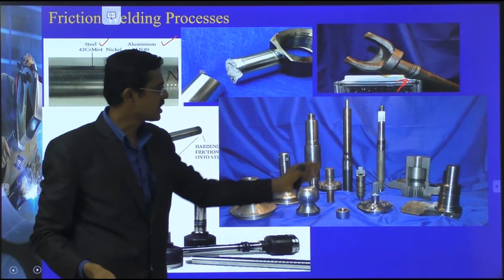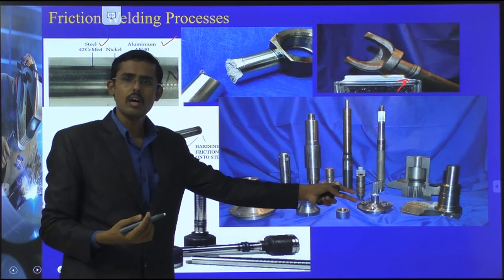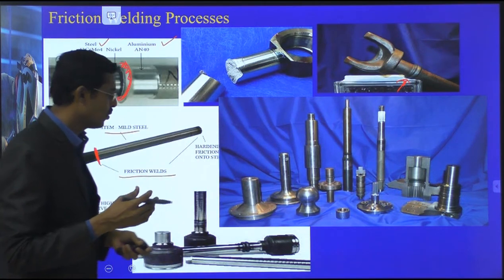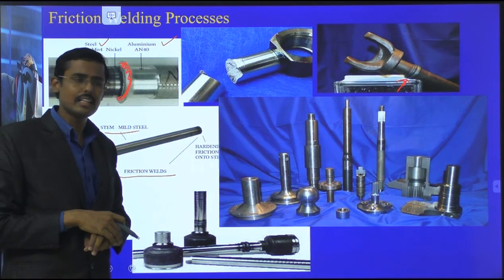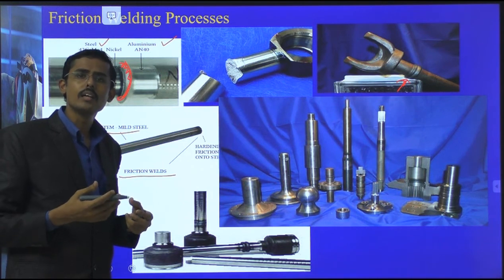See, each and every round component or bar item can be done by our friction welding process. The only limitation: the plate cannot be welded. Other than that, bar items can be welded.